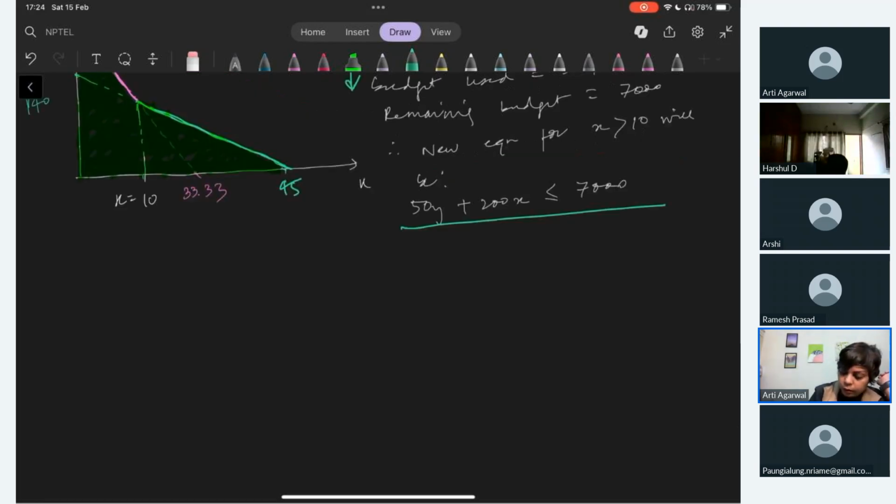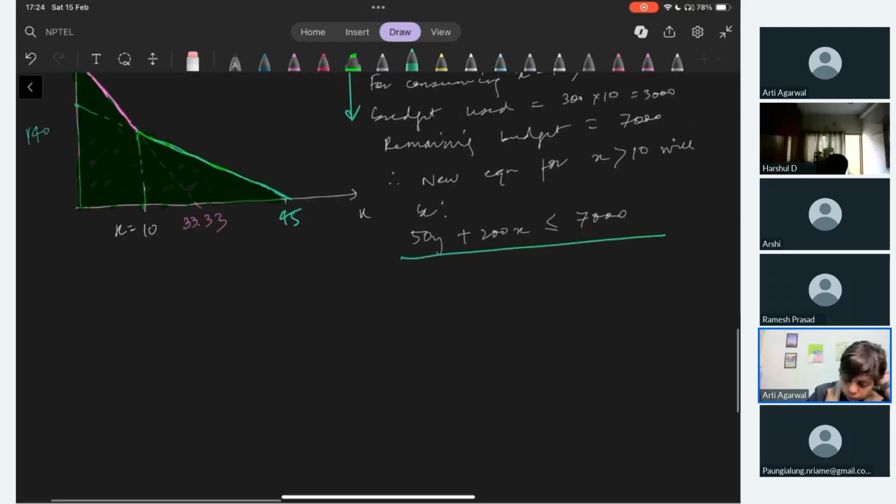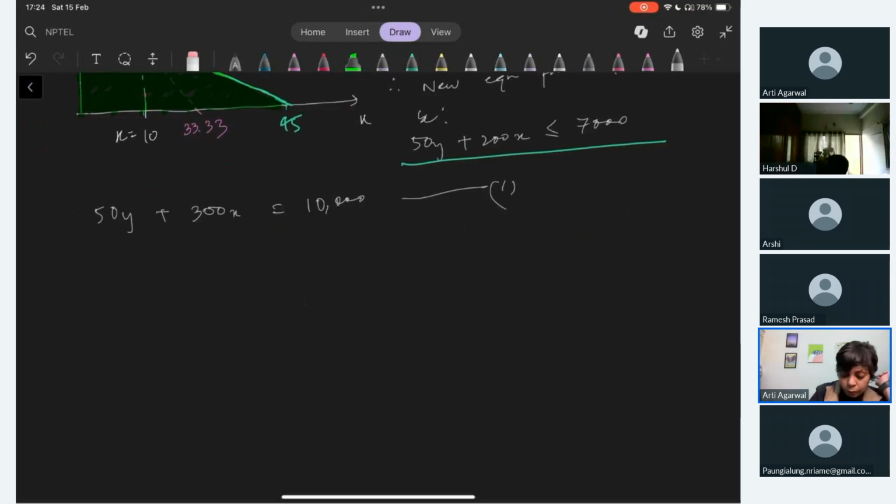This is the equation here, 50y plus 300x is equal to 10,000. This is equation 1. Now in the next equation, which is 50y plus 200, instead of writing x which we were using before, we can write this as... one minute. This will not be correct.